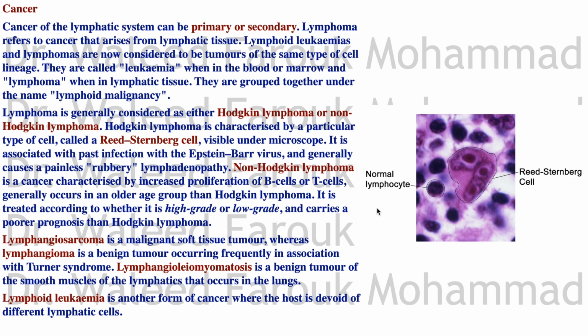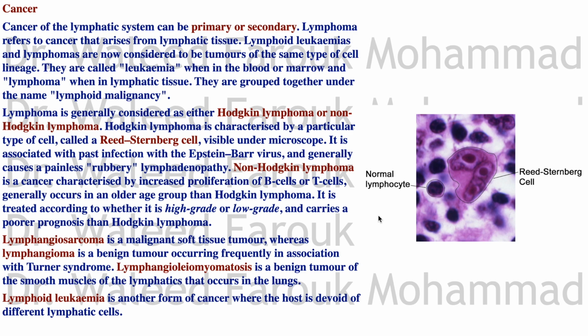It causes a painless and rubbery lymphadenopathy. Non-Hodgkin lymphoma is a type of cancer characterized by increased proliferation of B cells or T cells, and occurs usually in an older age group than Hodgkin lymphoma. It has a poorer prognosis than Hodgkin lymphoma.